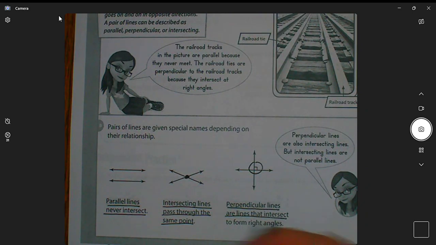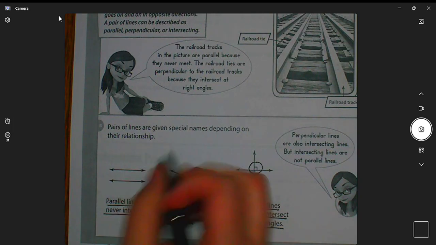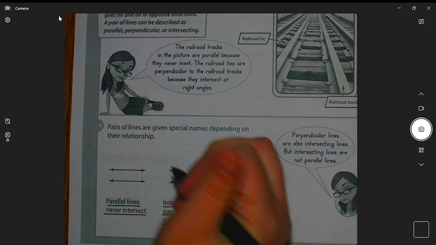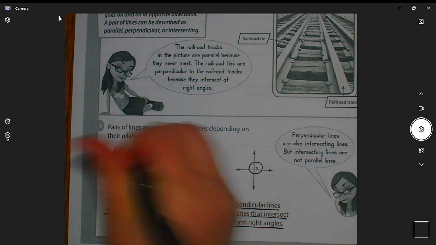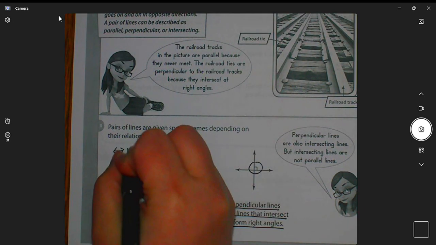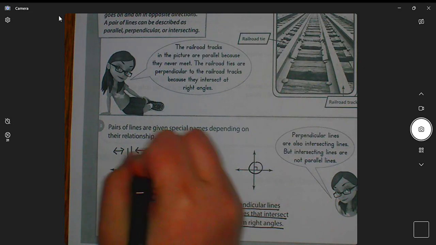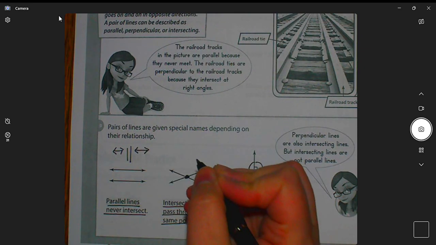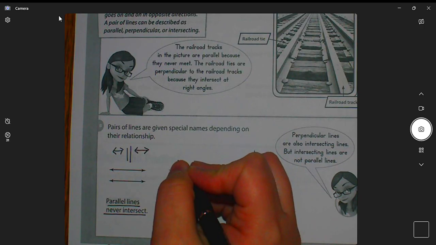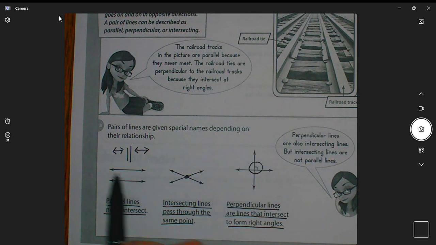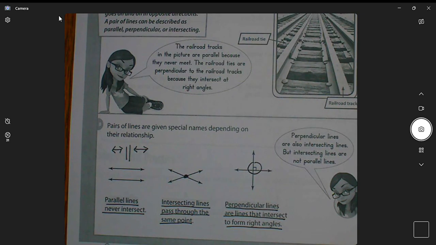Now, some things to note. When I say parallel lines, when I go to write that, I say line, whatever my line is, parallel to line, whatever the next line is. The reason I draw 2 straight lines is because parallel is just 2 straight lines. There is no key for intersecting. I just have to write the word intersects.